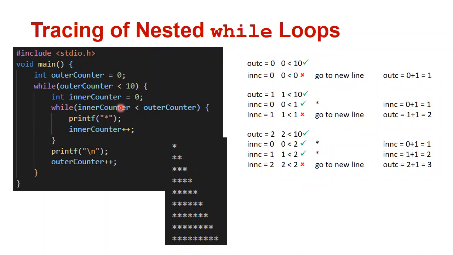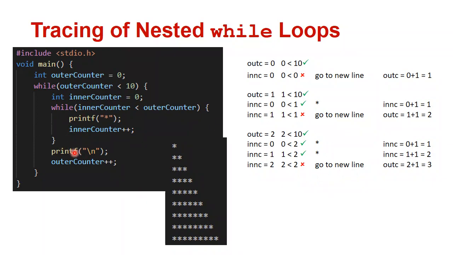Inner counter is 0, 0 is less than 2, it will print a star and update the inner counter, 0 plus 1, 1. Again check the condition, 1 is less than 2. Okay, then again print a star and update, inner counter 1 plus 1, 2. 2 is less than 2, that condition is false, so it will go to the new line.